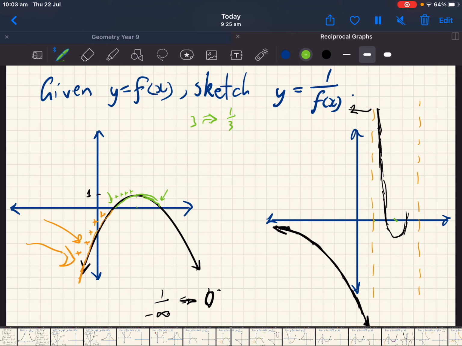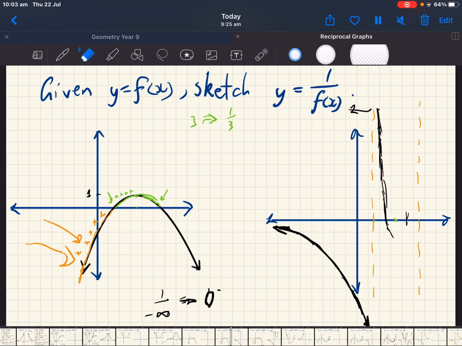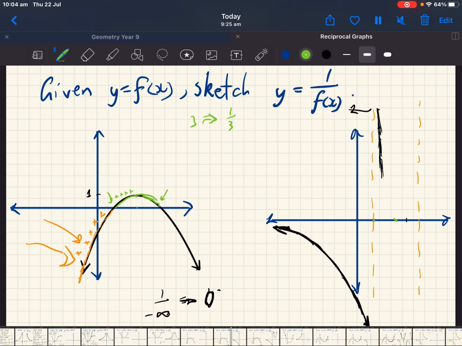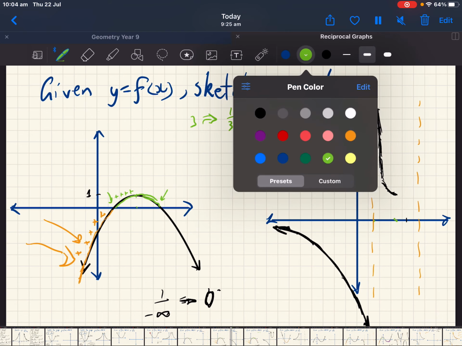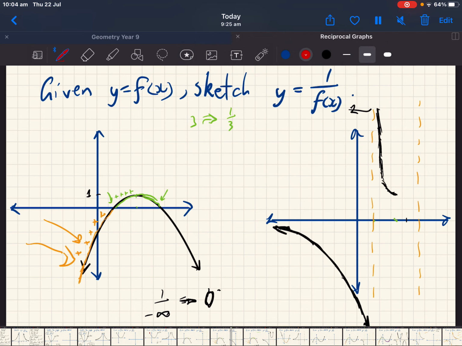That means the reciprocal can't go down into the negatives. So I don't know exactly where our reciprocal will turn, but it needs to turn somewhere up on the positive side. It will be the reciprocal of whatever that value was. Here I've got the value 1 written, which means it would be turning at 1 over 1, which is 1.